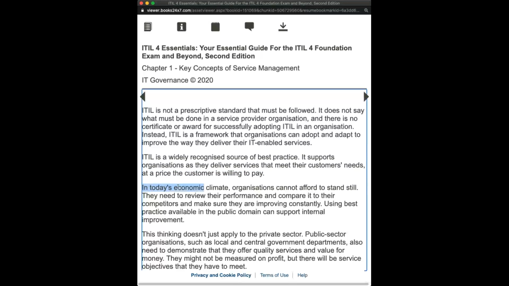In today's economic climate, organizations cannot afford to stand still. They need to review their performance, compare it to their competitors, and make sure they are improving constantly. Once you are delivering your IT services, it's very important to get metrics for how efficiently you are processing, and also feedback from the customer.